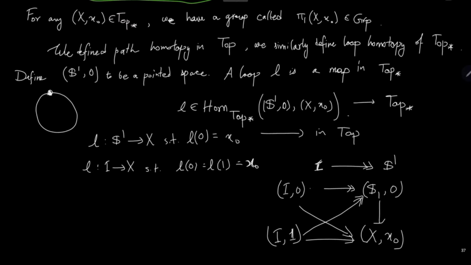This entire diagram commutes. So we can define a loop like that.